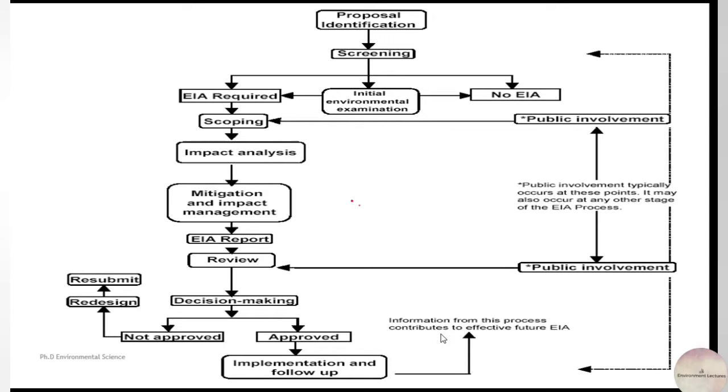Then information from this process contributes to the effective future EIA. Means whatever information will be gathered during this process, it is used to improve the future EIA process. One thing more, public involvement is crucial at multiple points in EIA process to ensure transparency, gather diverse inputs and address public concerns.